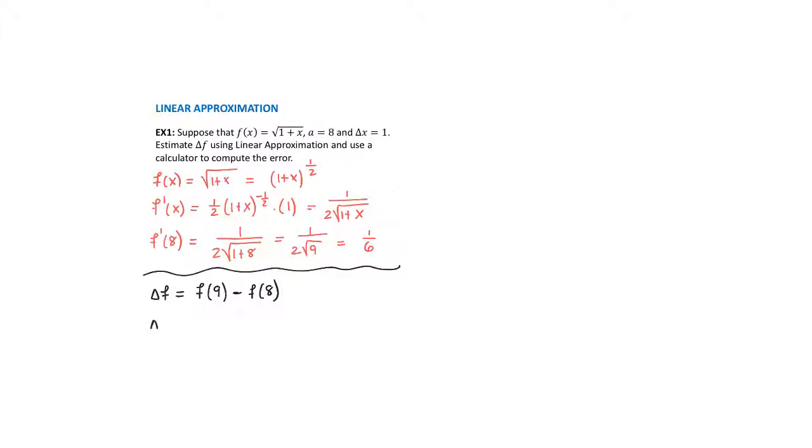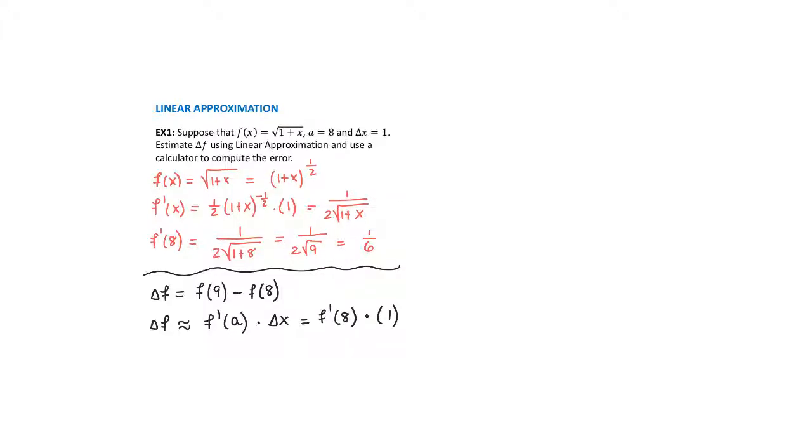We already know that delta f is approximately equal to f prime of a times delta x. That really means that this is equal to f prime of 8 times 1.